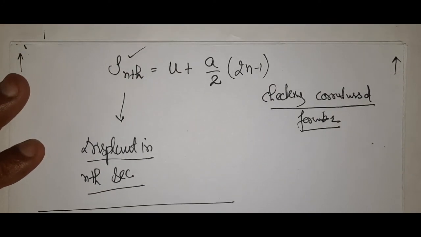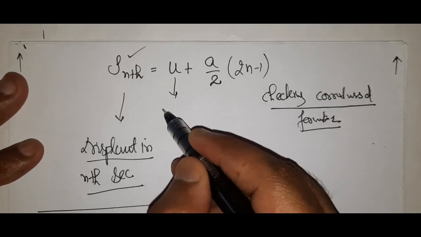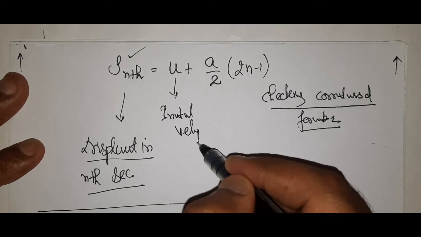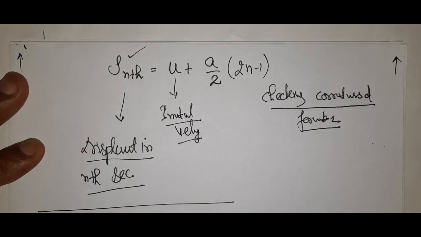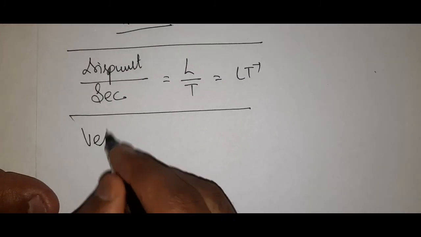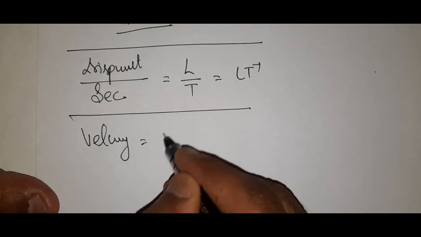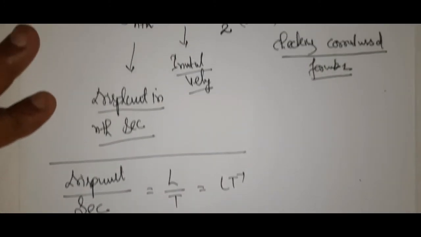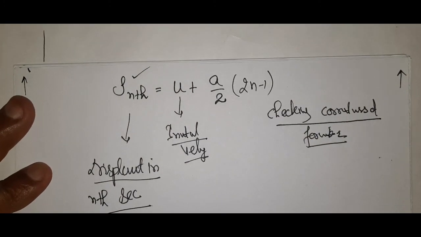Now, second thing is initial velocity. Initial velocity will be velocity, and the formula for velocity is LT minus 1. Now the next thing is this particular thing.